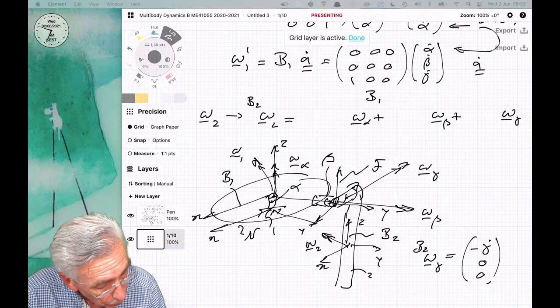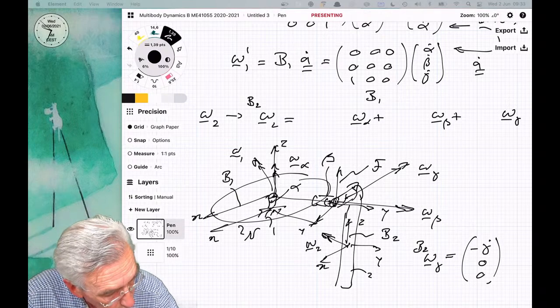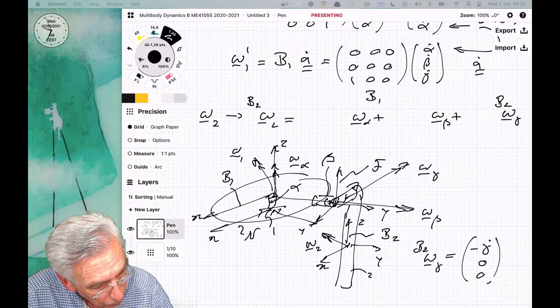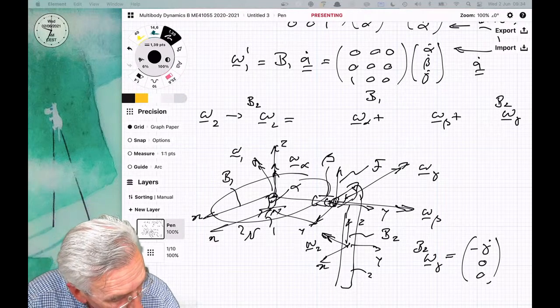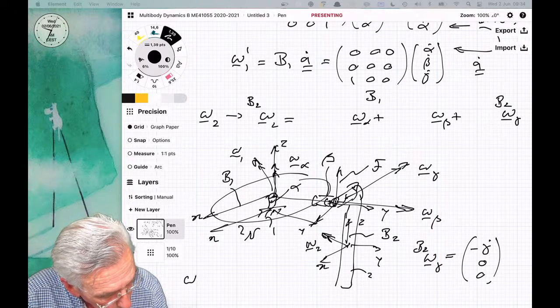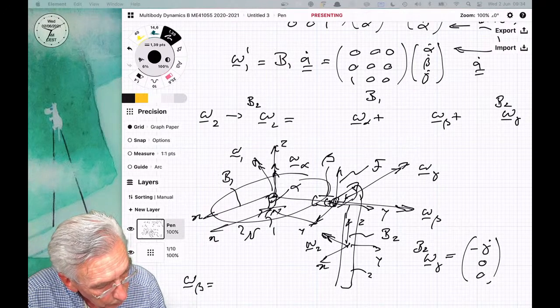Okay, minus gamma dot, that's okay. And I know it in the B2 frame, so I say, okay, I know that in the B2, and then I need a transformation to B2. So there's nothing. I need no transformation here, so that's just the identity. Then the omega beta. I know that one in which frame?